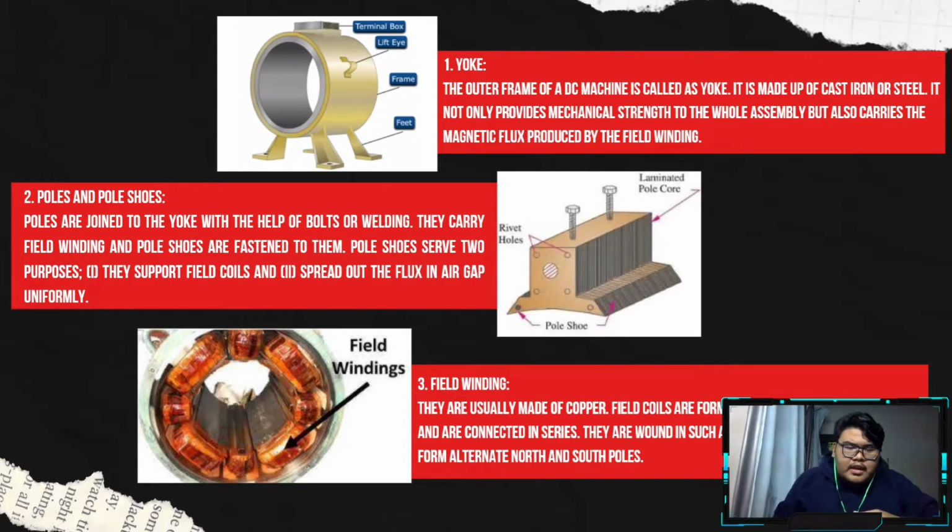Second, a DC machine has poles and pole shoes. They carry the field winding, and the pole shoes are fastened to them. So this is the pole and pole shoes diagram. Third, the field winding. It's usually made from copper and it's connected in series.